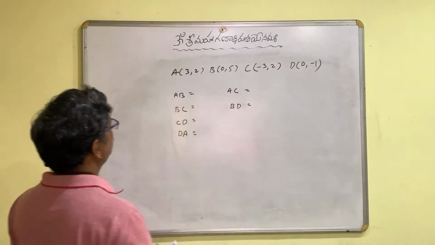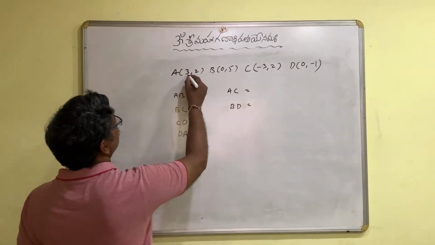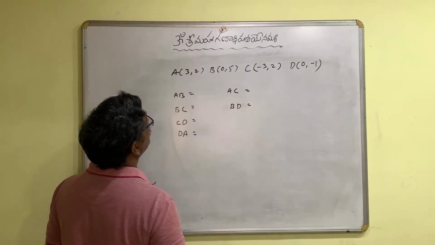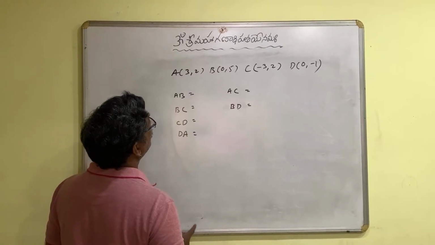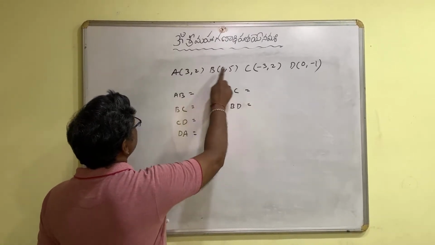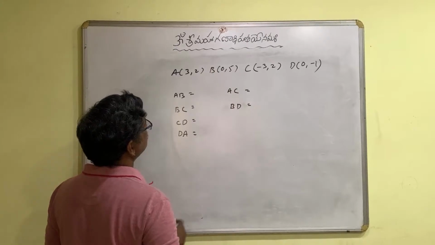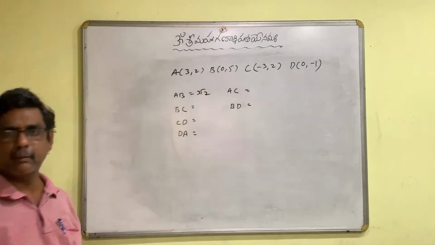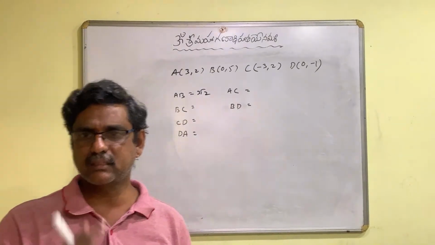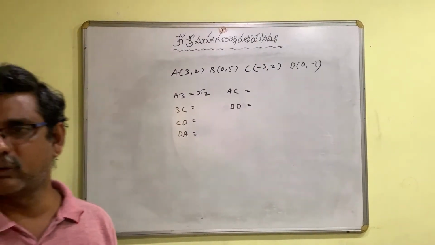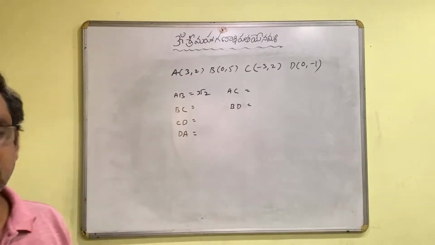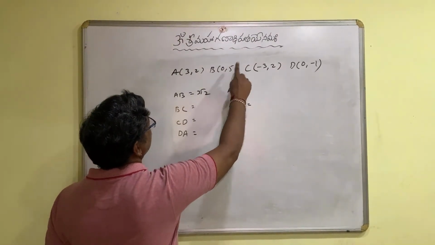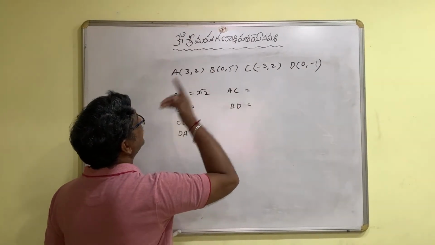Right, see, AB distance: 3 minus 0, 3, 9; 2 minus 5, minus 3, 9; 9 plus 9, 18, so 3√2. AB is 3√2; some of you told it is 9√2. BC: 0 minus 3, and minus half minus 3, plus 3, 9.